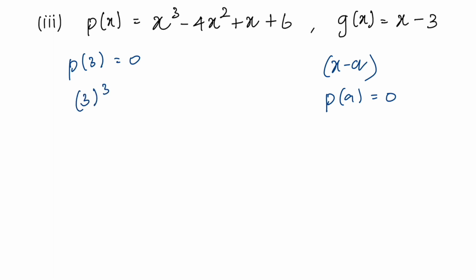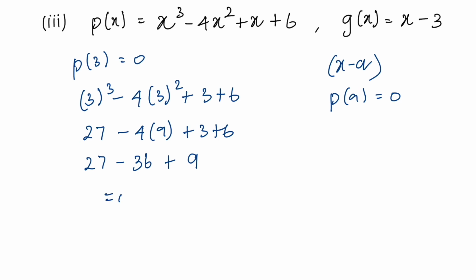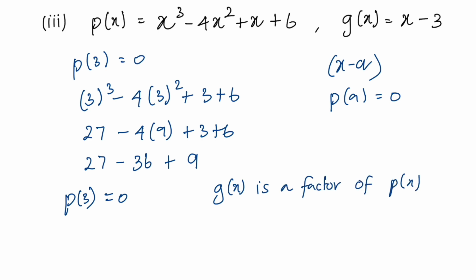So that is 3 cubed minus 4 into 3 squared plus 3 plus 6. 3 cubed is 27, minus 4 into 3 squared, that is 9, so 36, plus 3 plus 6 is 9, and 27 plus 9 is 36, and 36 minus 36 is equal to 0. So p of 3 here is 0, and you can say that g of x is a factor of p of x.